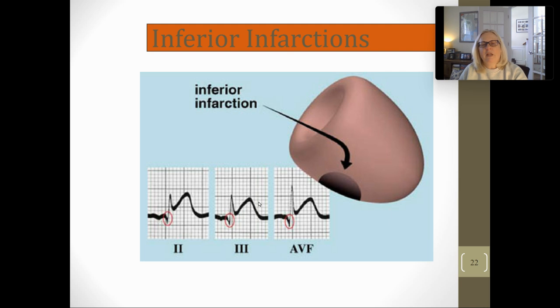So I have to see a change like ST elevation in 2 of the 3 leads for it to be diagnostic. If I only see it in 1 lead, it is considered non-diagnostic. Again, inferior infarctions happen in leads 2, 3, and AVF, and this is the right coronary artery, about 85% of the population.